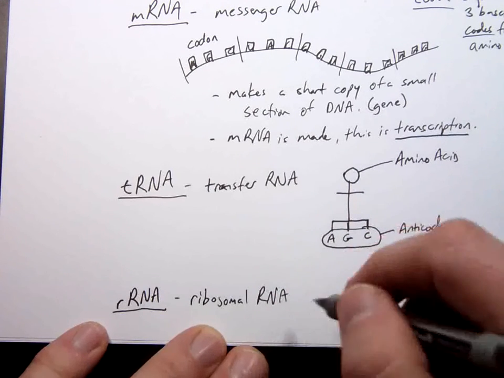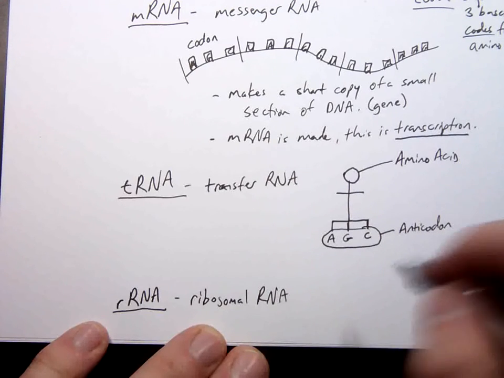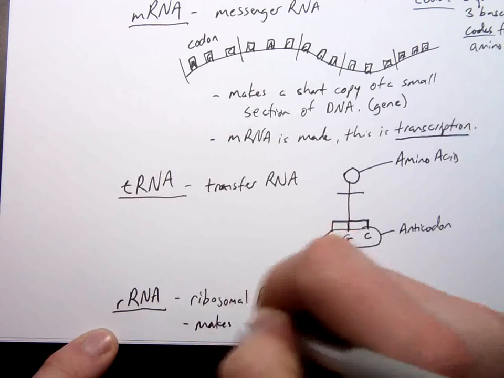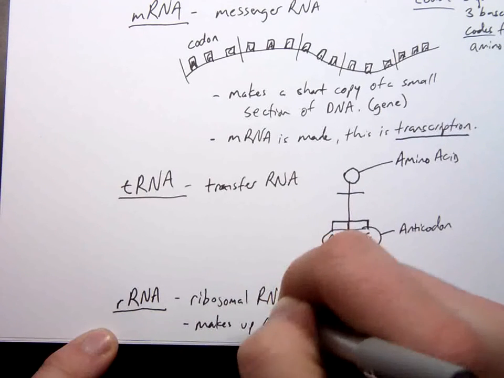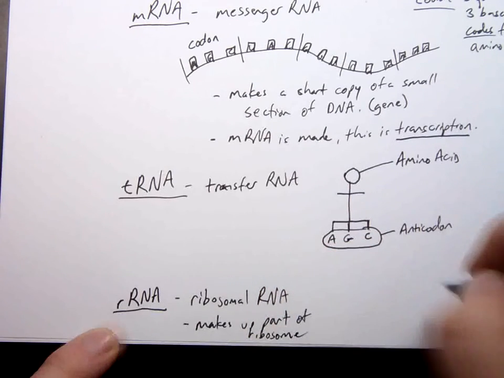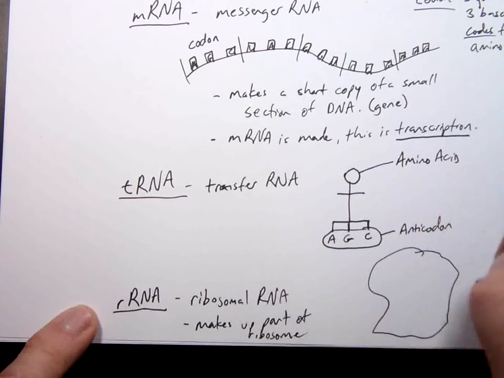Oh, I probably should have finished some statements about tRNA. We'll come back to it. Ribosomal RNA makes up part of the ribosome. So I want you to draw a big blob and another big blob.